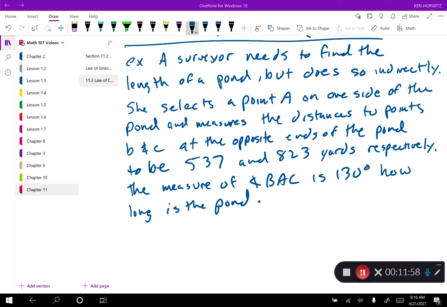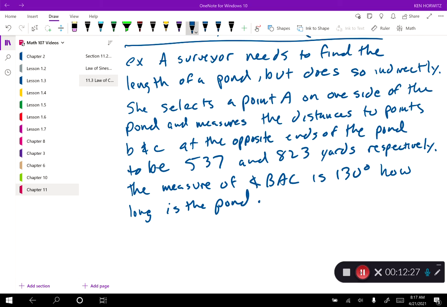All right. So one of the best parts of the law of cosines is it can be used for a lot of different applications. So here's just one in particular that I like more than most. A surveyor needs to find the length of a pond, but does so indirectly. And this is very common for surveying because land isn't necessarily level, and it's not necessarily feasible to simply take a tape measure and stretch it across a pond.